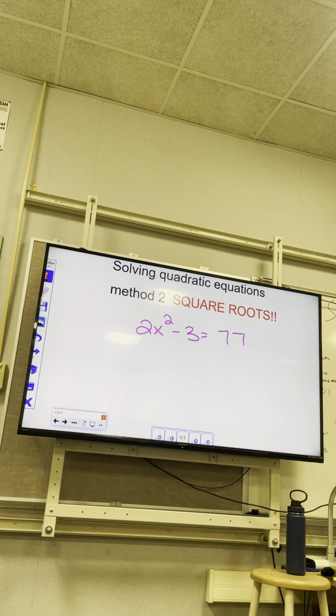Give that bad boy a try and see how you do. The 2x squared, or the x squared, is the bad guy. So we're going to want to get rid of anyone around him before we bring in the SWAT team. We're going to want to clear out the area.